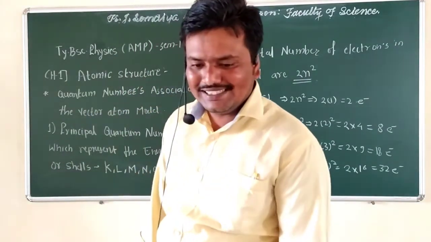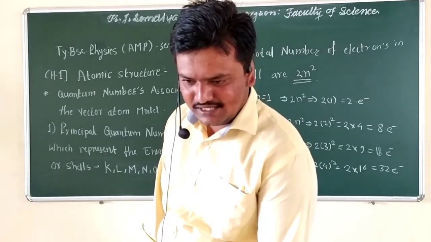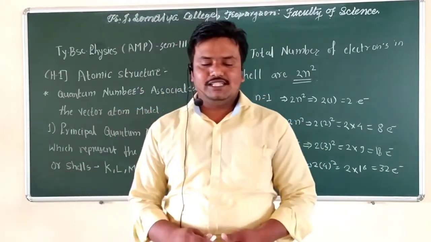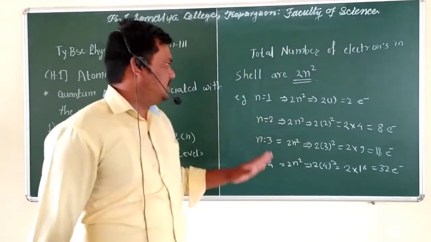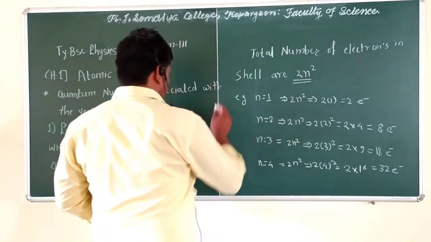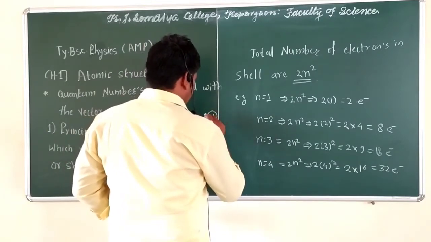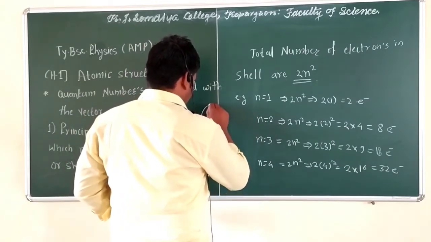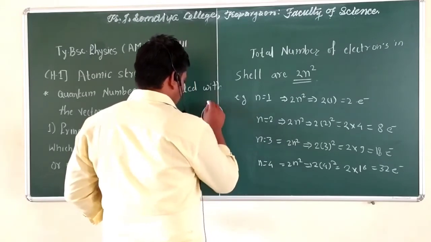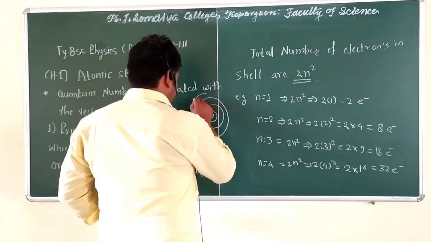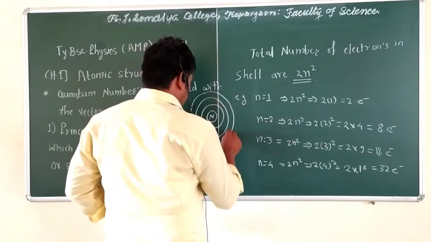This serial number of a shell, starting from the innermost, is designated by n. So this is the shell number. The nucleus is here, this is the innermost or inner core shell, this is the next shell, and this is again the next.